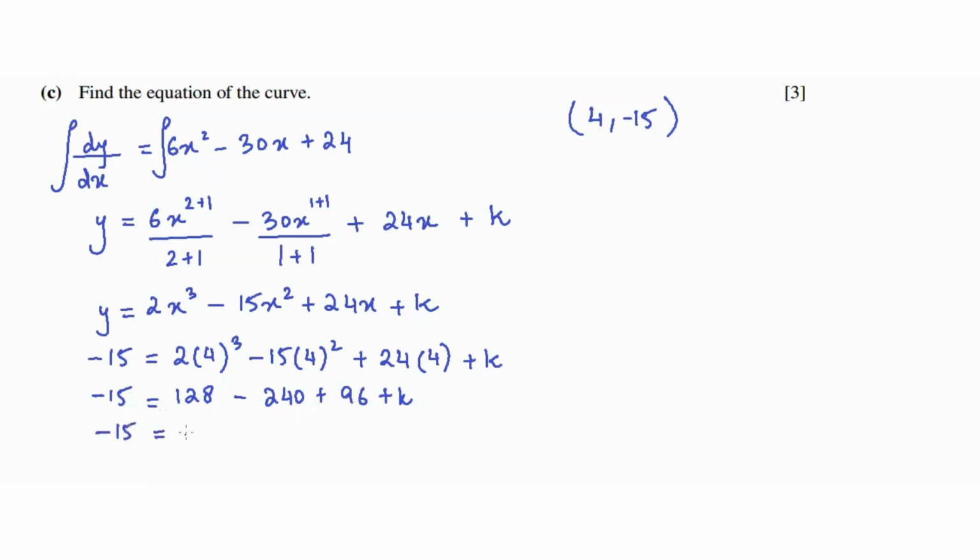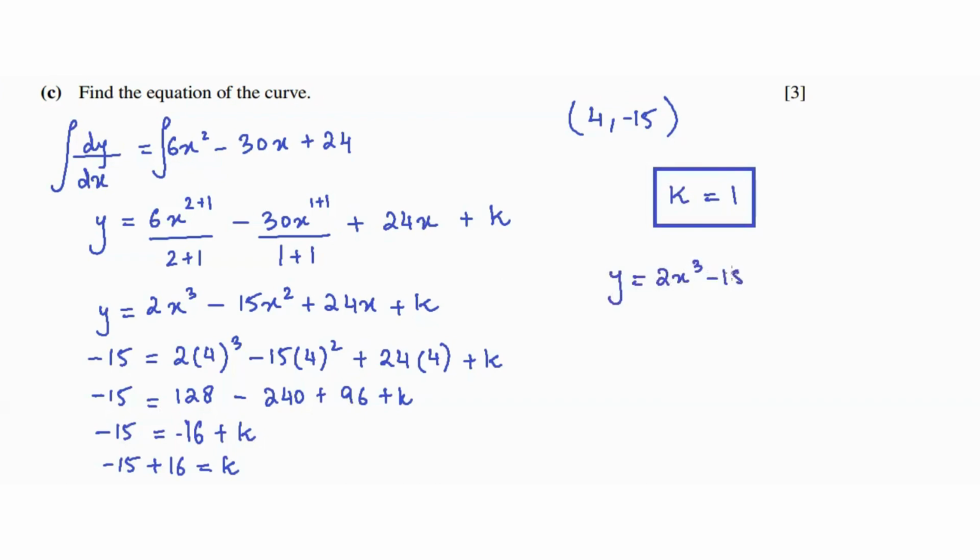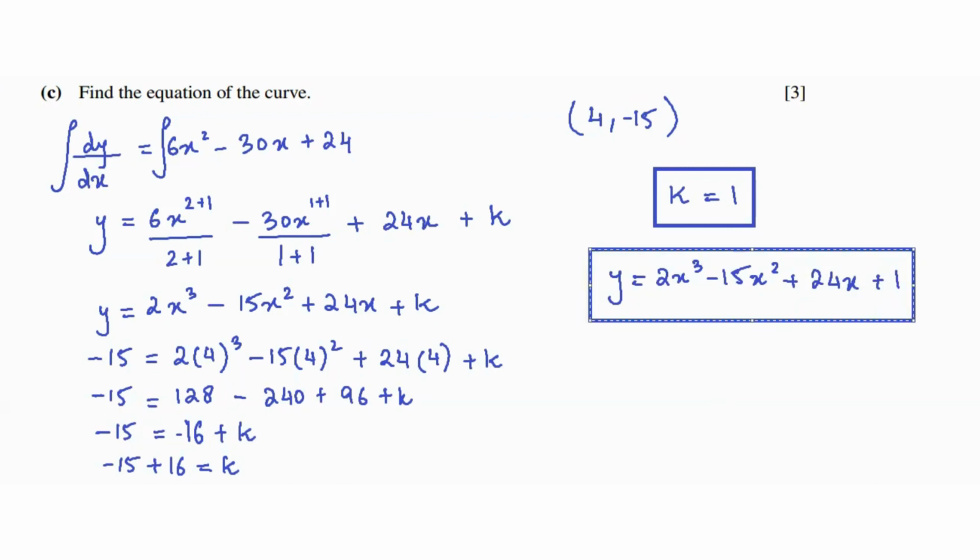When we further solve this, we get negative 16 plus k, and negative 15 plus 16 equals k, and k equals 1. Which means our equation would be y equals 2x cubed minus 15x squared plus 24x plus 1. That is your final answer for this question.